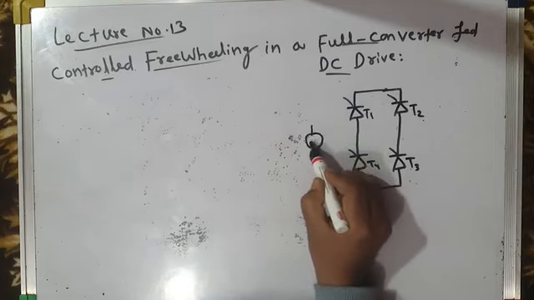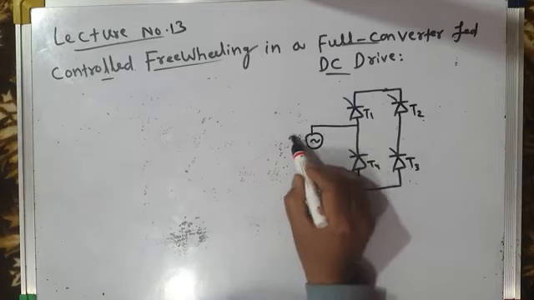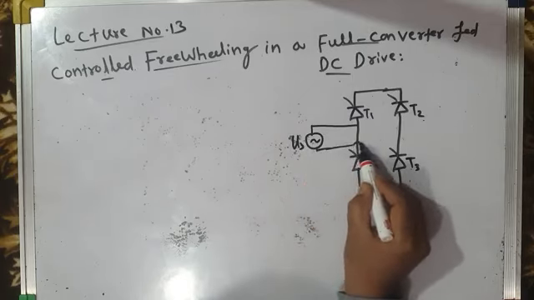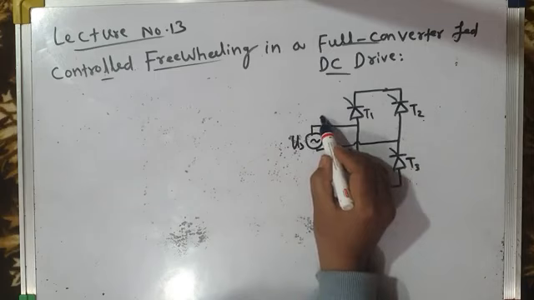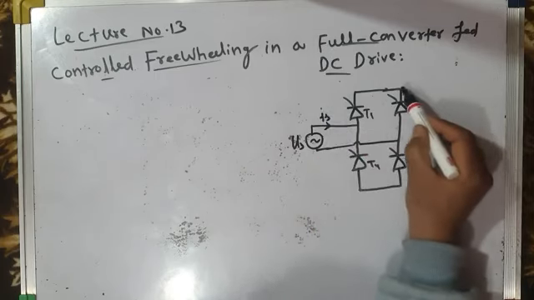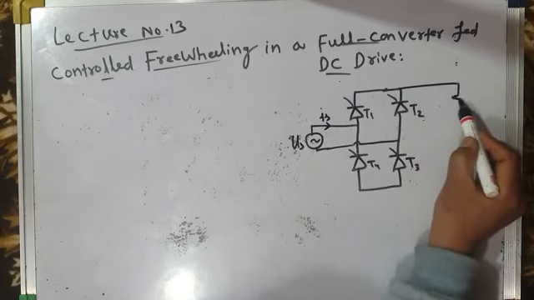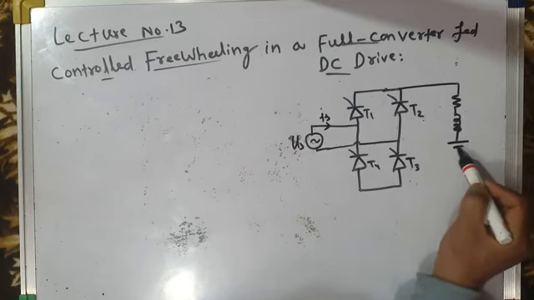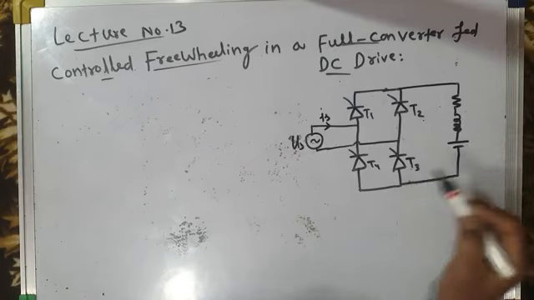This is the AC source. Vs equal to Vm sin omega t is the supply voltage or source voltage, and Is is the source current. And this is the model of separately excited DC motor.